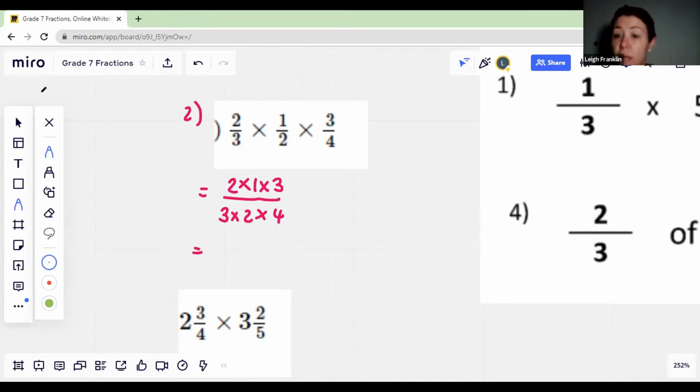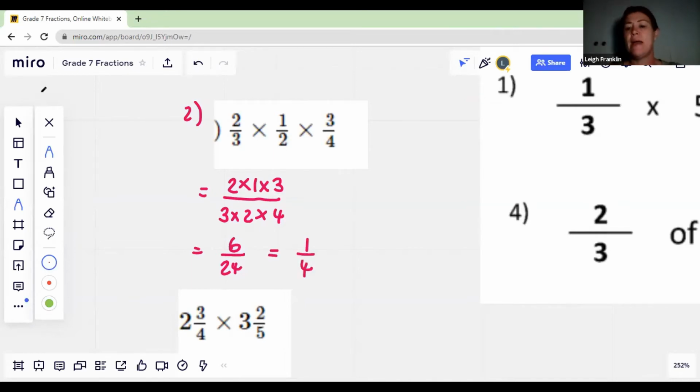Indeed, 6. And what are we going to have in the denominator, grade 7s? 24. Beautiful. And are we allowed to leave it like that? No, ma'am, the answer has to be simplified, so it has to be 1/4.